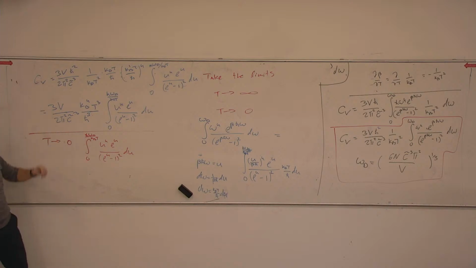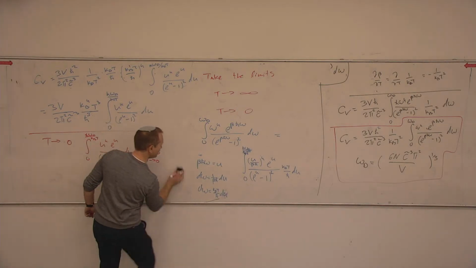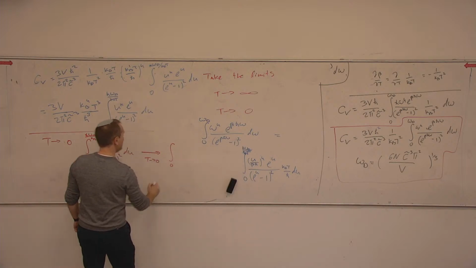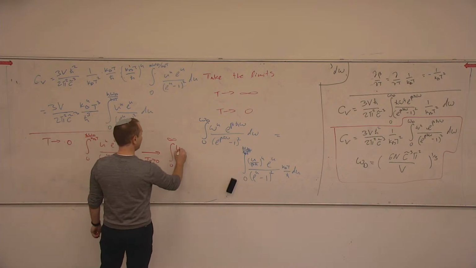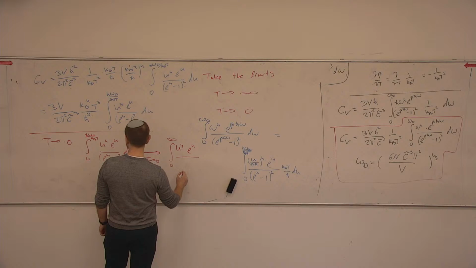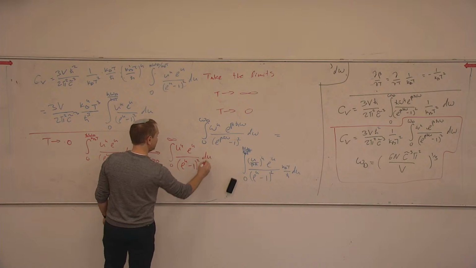It becomes infinity. So all of this in the limit of T goes to 0 is simply an integral from 0 to infinity of u to the fourth e to the u divided by e to the u minus 1 to the second power du.